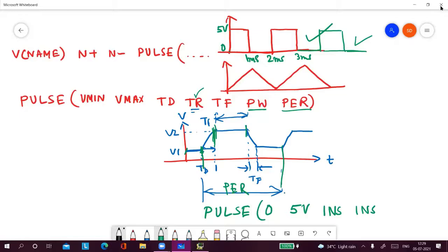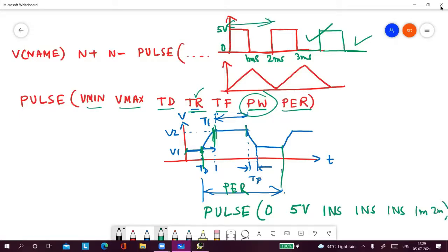Then the fall time is also 0, but here you write 1 nanosecond. So V min, V max, TD, TR, TF, and pulse width. Pulse width is 1 millisecond. And what about the period? Period is 2 milliseconds.